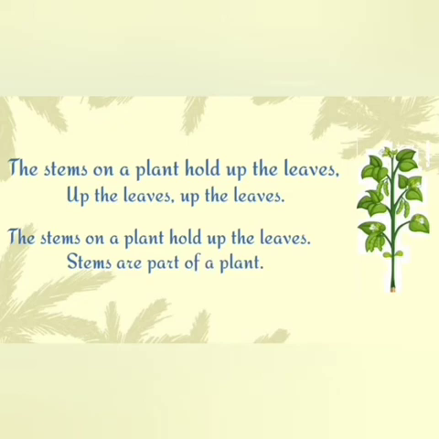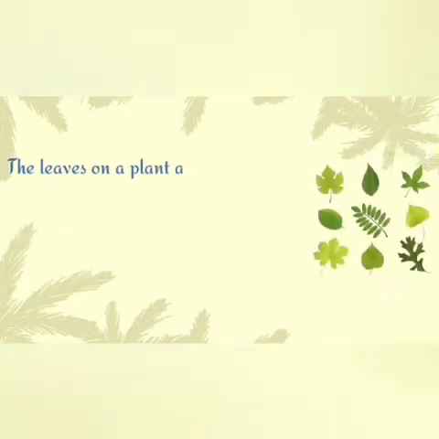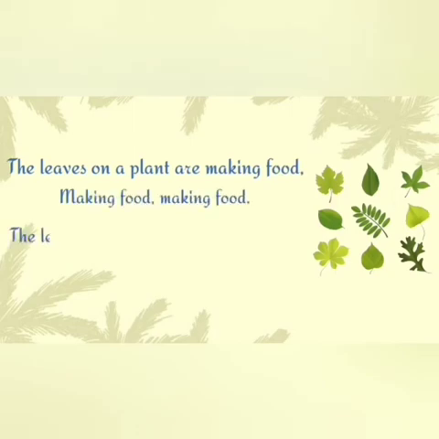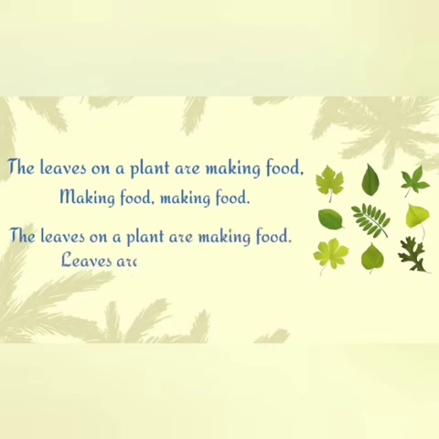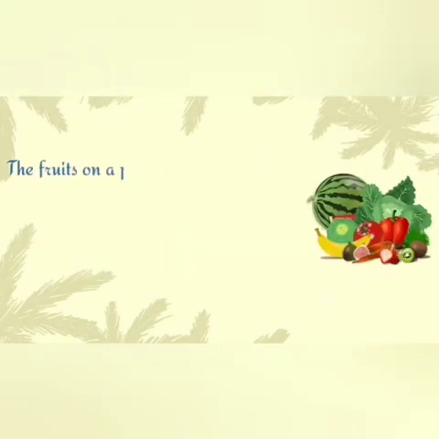Stems are the parts of the plant. The leaves on a plant are making food. Leaves are the part of a plant.